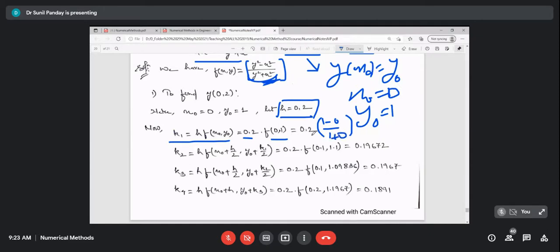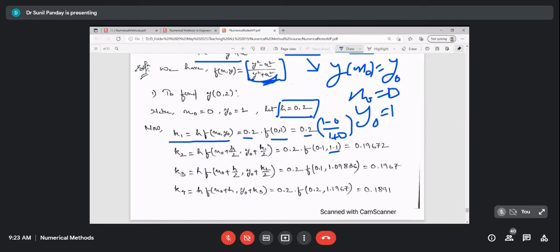So finally 0.2 is the final value of k1. Similarly, we will calculate the value of k2. K2 is h of f (x naught plus h by 2, y naught plus k1 by 2). So here k1 is 0.2 and y naught is 1, so 1.1.